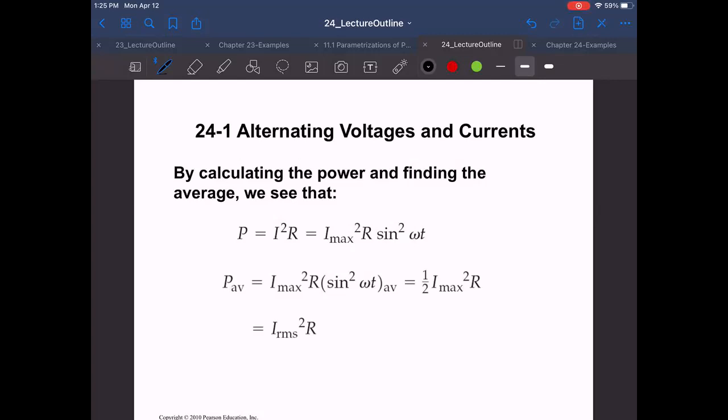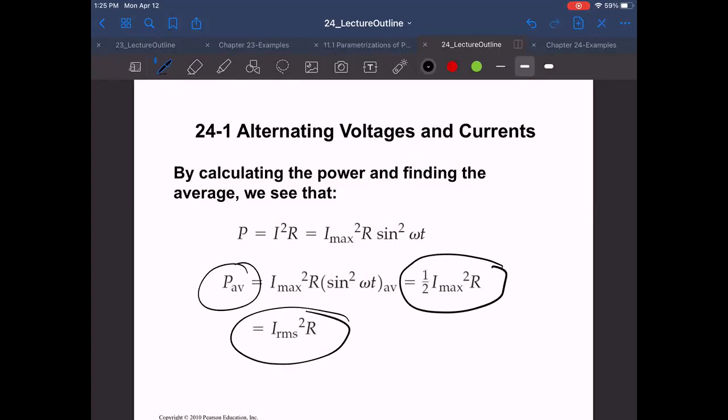All right, our average power is going to end up either being 1/2 of the maximum squared, or it's just the RMS squared. You see that down here? This for average, or this. So what this essentially tells us is that it turns out our root mean square is related to the maximum by 1 over the square root of 2.